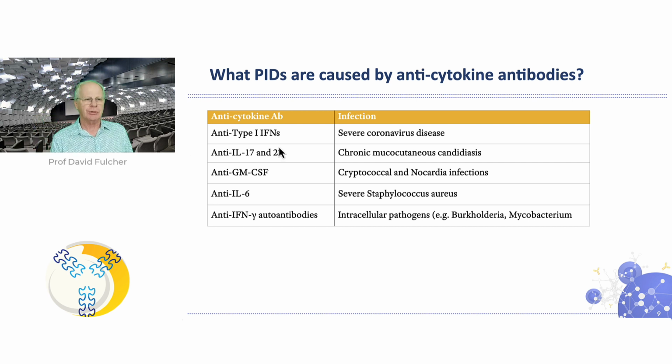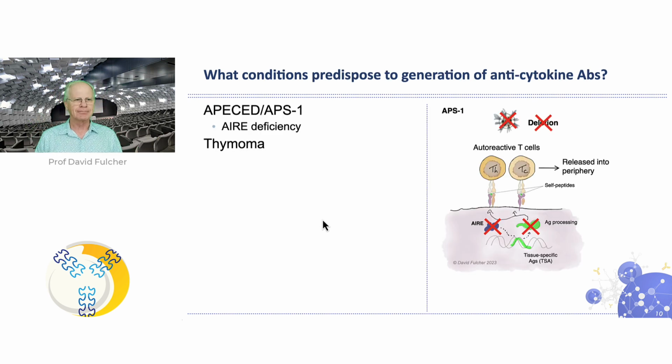We've mentioned several times interleukin 17 and interleukin 22 as being responsible for CMC. These other ones are a bit more fine print, but I put them there for completeness. But if you're aware of the first two, I'll be very happy.